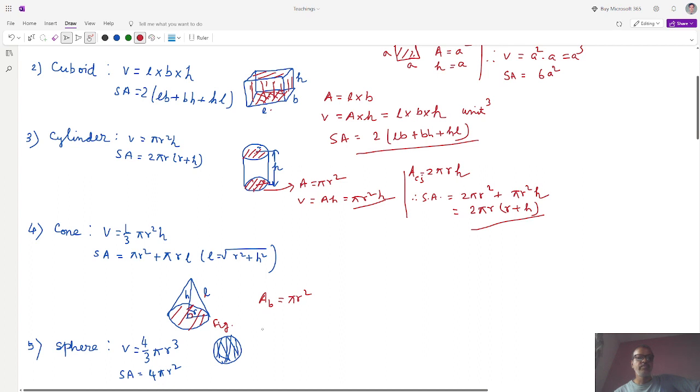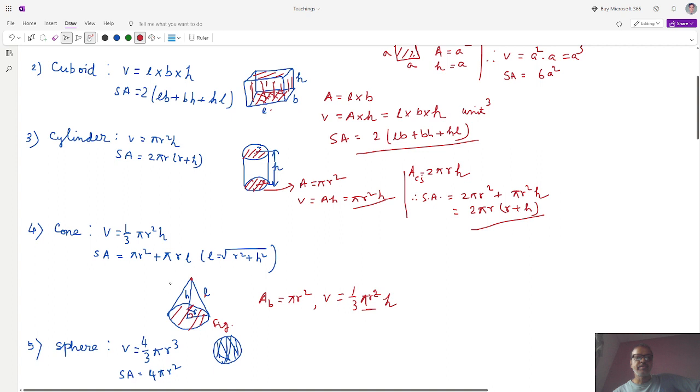For a cone, the volume will be 1/3 pi r square. This is the base area into height. For cone, there is a vertex point.